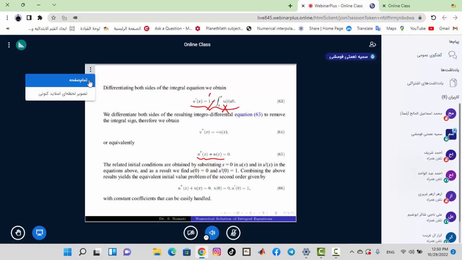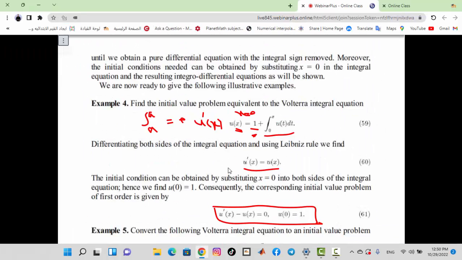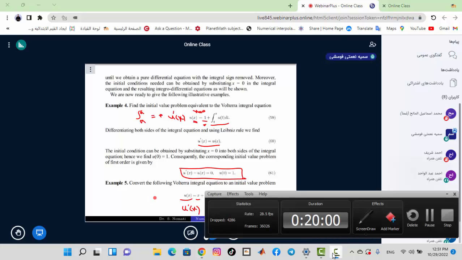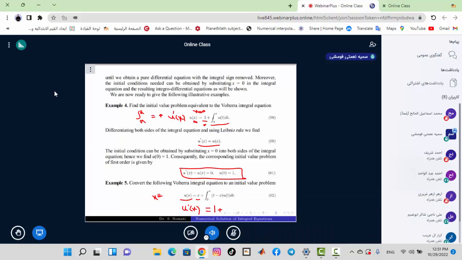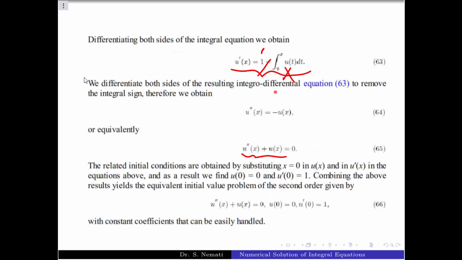For obtaining the initial conditions, we go back to the main problem. Set x equals 0 in both sides. We have u of 0 equals 0 plus this integral, which gives 0. So u of 0 equals 0.